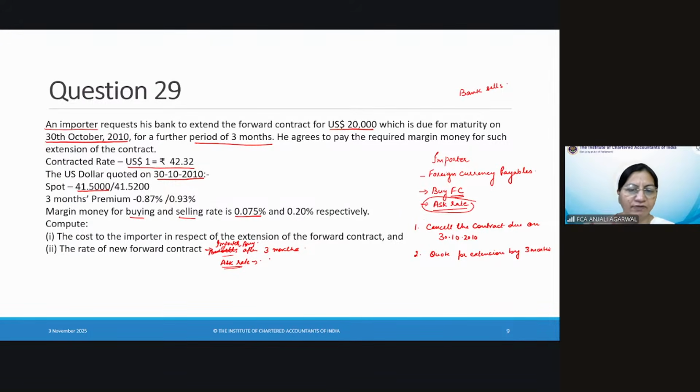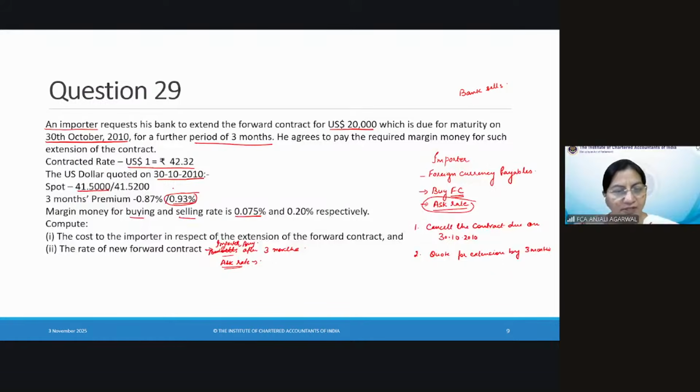Now, instead of being given the swap points or the forward rates, what is given is the premium percentage, 0.93%. The 3 months premium is 0.87% or 0.93%.